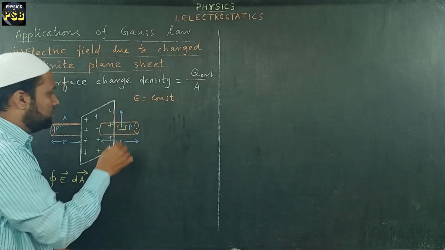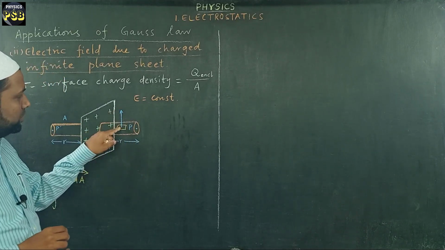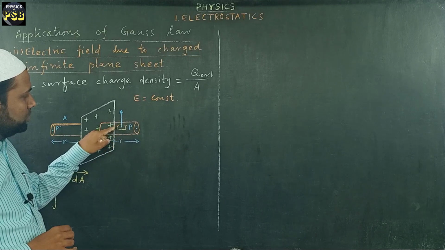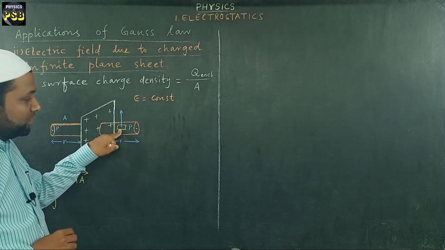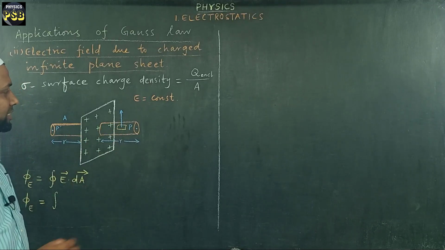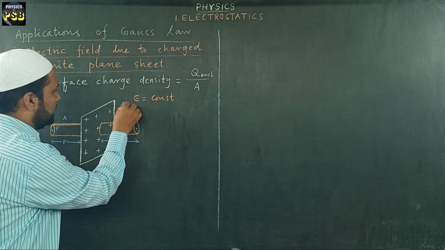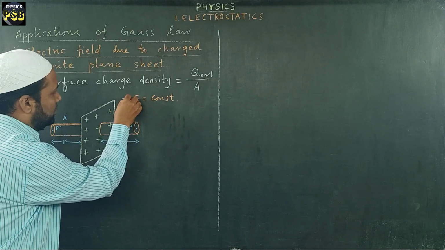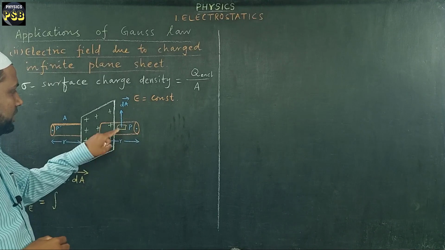This is normal to the area element taken on the curved surface, and it provides us the direction of the area element.